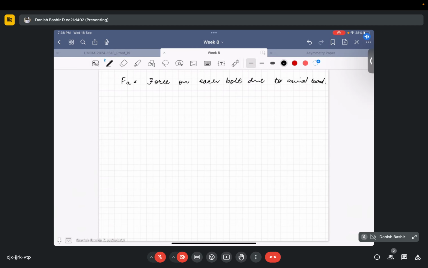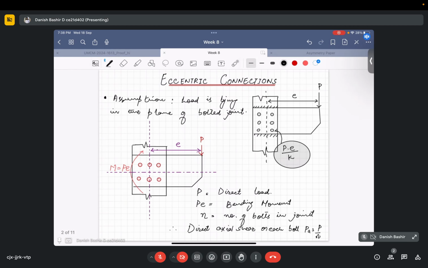Okay, so I am taking this section and redrawing it again.